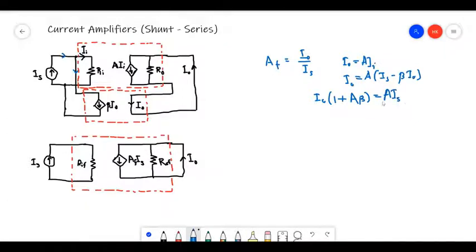Using this we can easily get the expression by isolating the ratio I out over IS, which will be given by A over 1 plus A beta. So this is the closed loop gain of a closed loop system. We'll get the same expression here for current amplifiers as well.